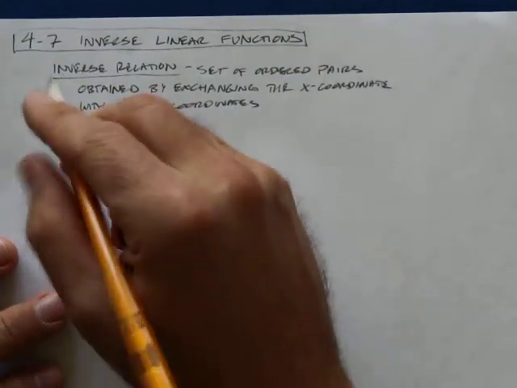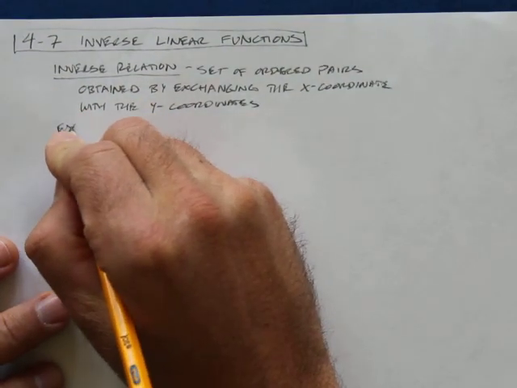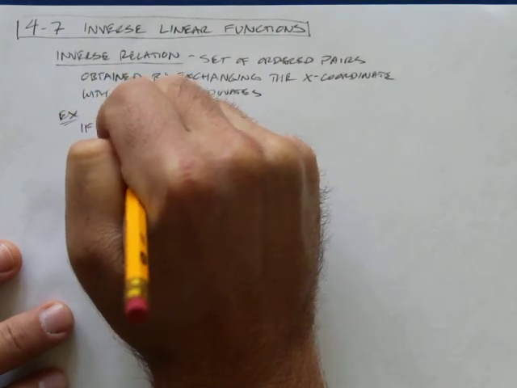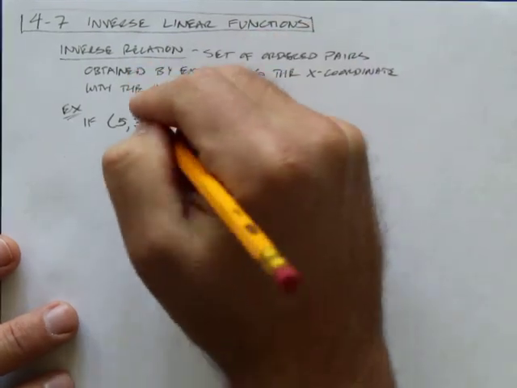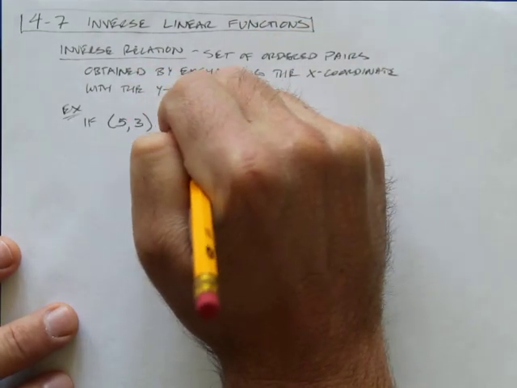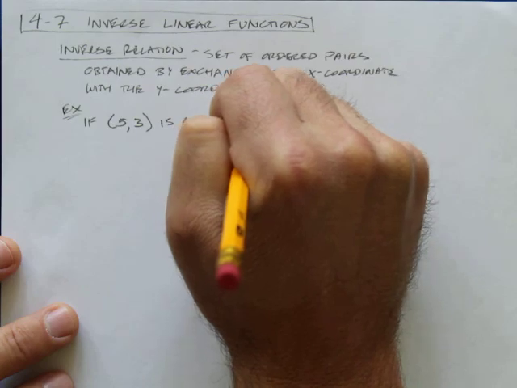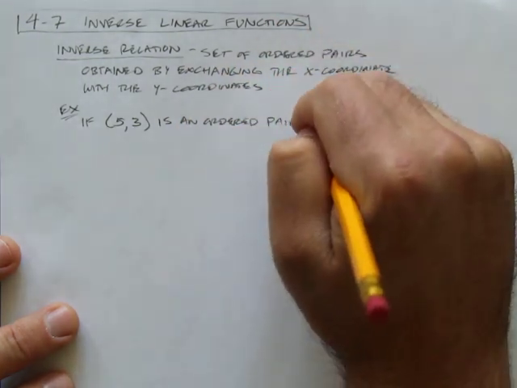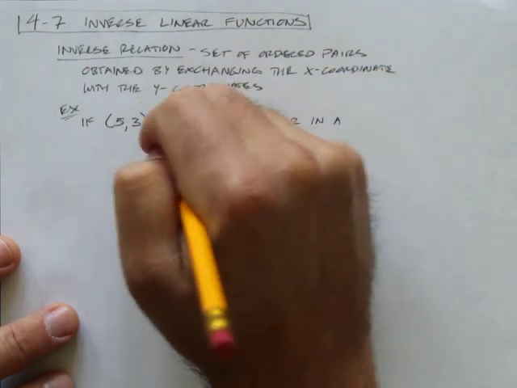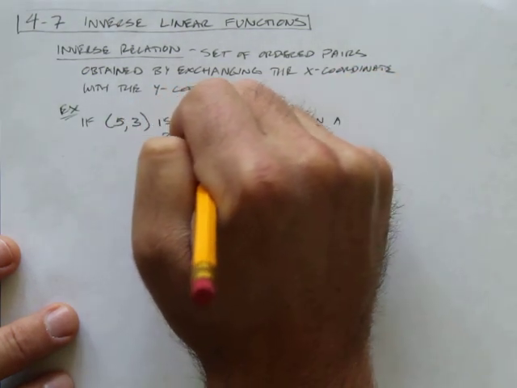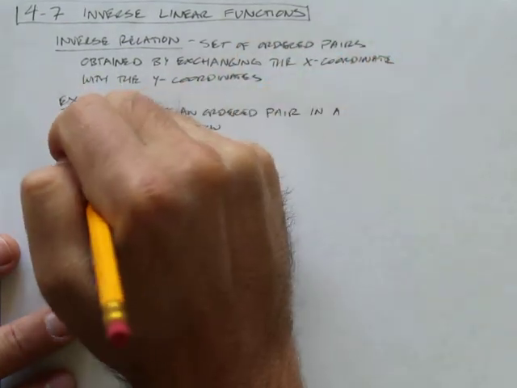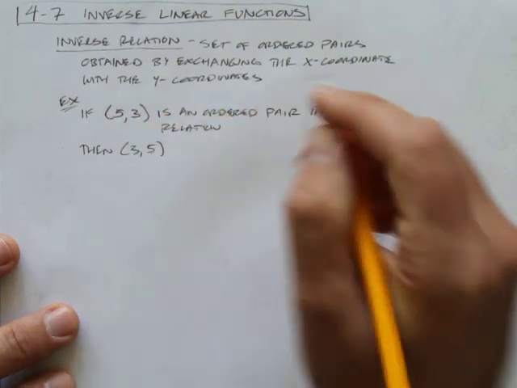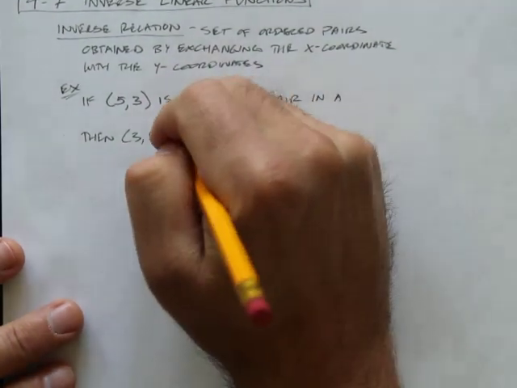And so here's an example. If this point 5, 3 is an ordered pair in a relation, then 3, 5 is an ordered pair in an inverse relation.